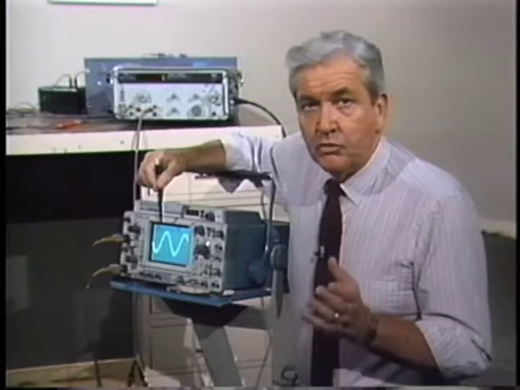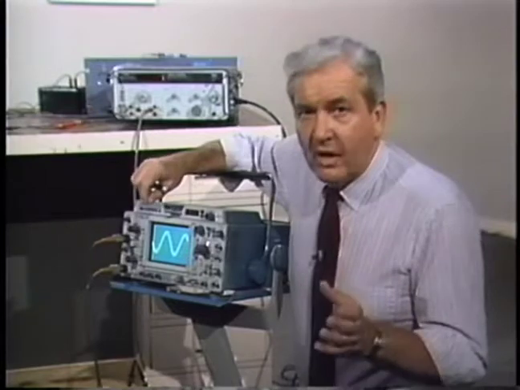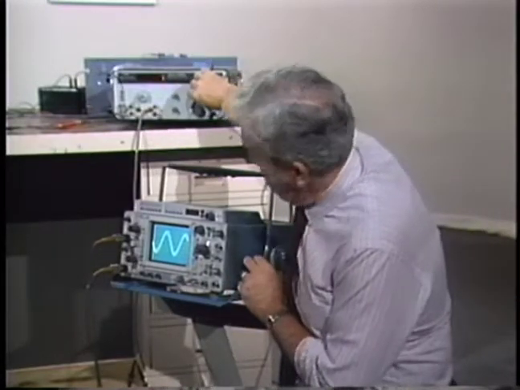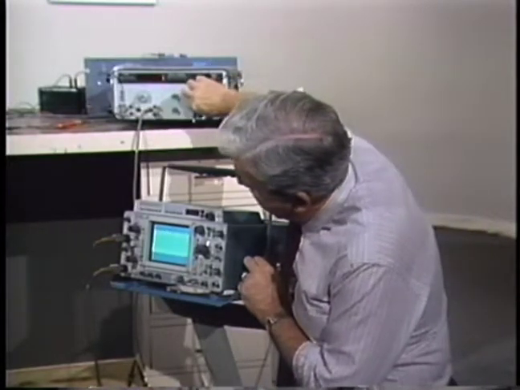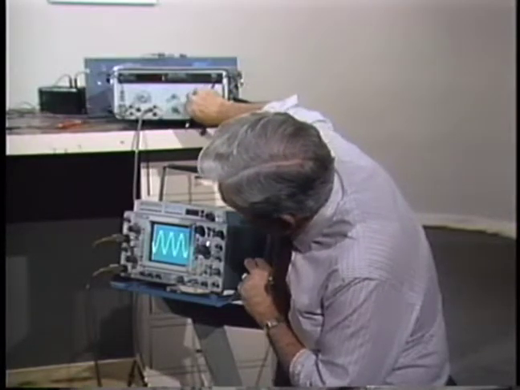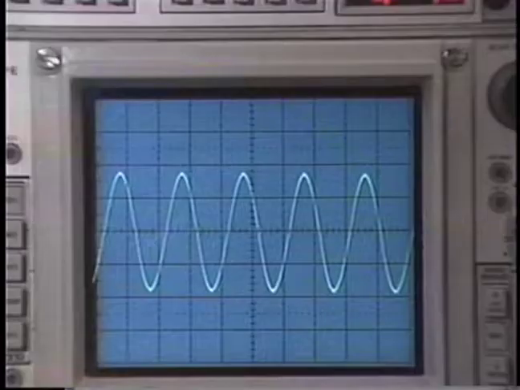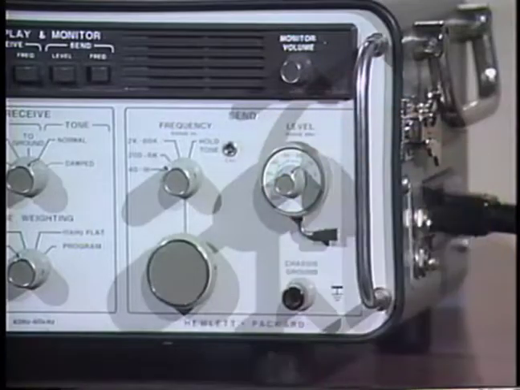Now, if we go to 5,000 cycles per second, we will have increased the frequency 5 times. So we see 5 cycles on the scope.